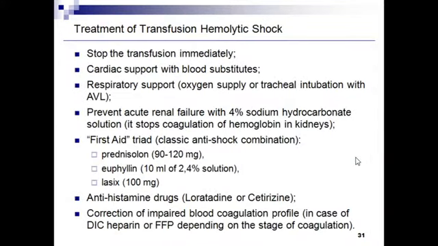And the last aspect of this part of the lecture is the treatment of hemotransfusion shock. This is shock, an acute circulatory disturbance, which happens as a result of post-transfusion hemolysis. What should we do with patients falling into hemotransfusion shock? First, we must stop the transfusion immediately.